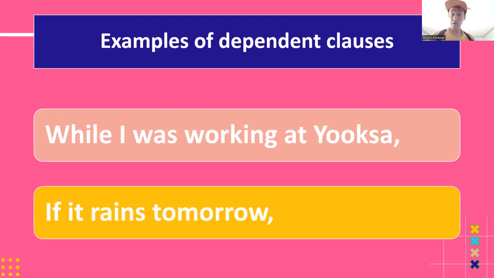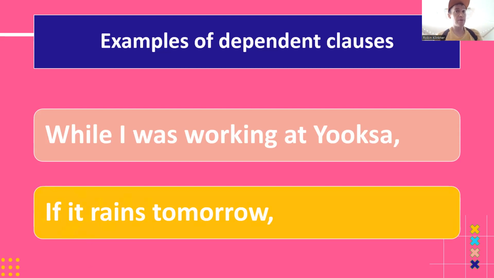If it rains tomorrow, this has a subject, it has a verb, rains, but it is not a complete thought. It's not a complete sentence. If I told you, if it rains tomorrow, you would be confused.